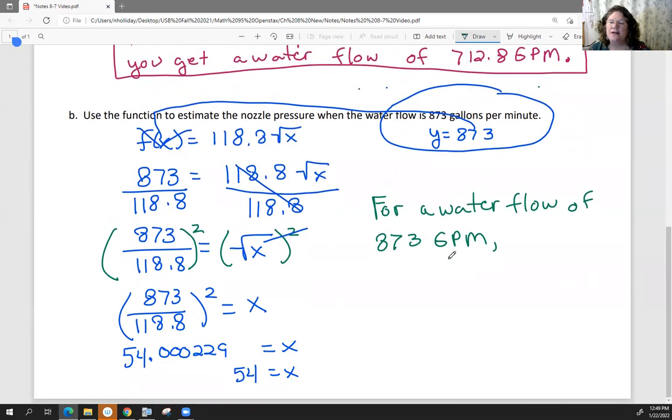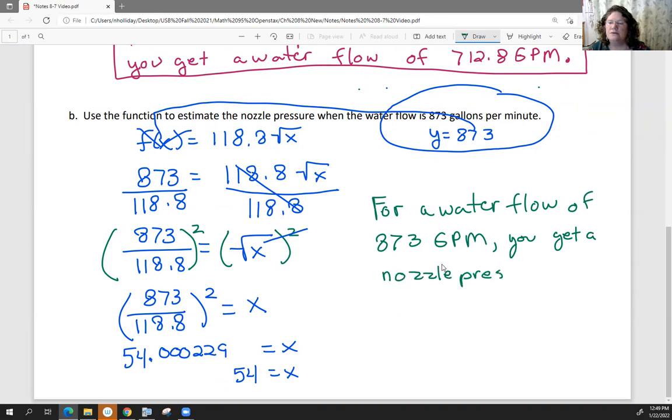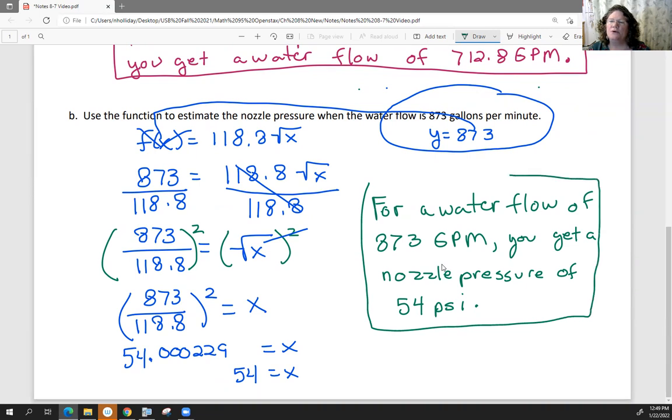So for a water flow of 873 gallons per minute, you get a nozzle pressure of 54 pounds per square inch, PSI. Okay, and so that's interpreting our second answer. Interpreting both the X and the Y value, what we put in, the Y value, and the X value that we got out. Okay, that should help you to get that assignment done and to understand more about function notation and how to interpret with it.